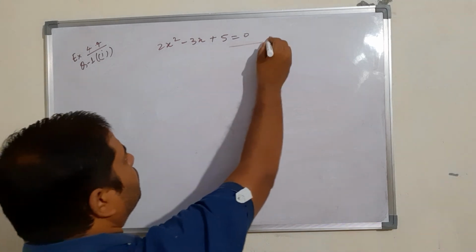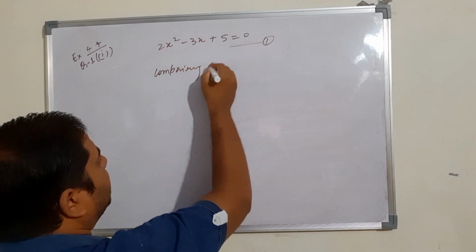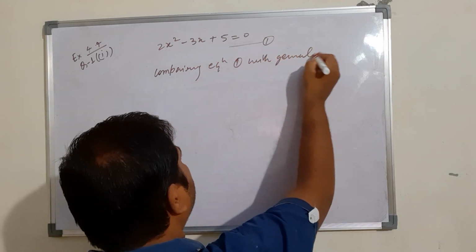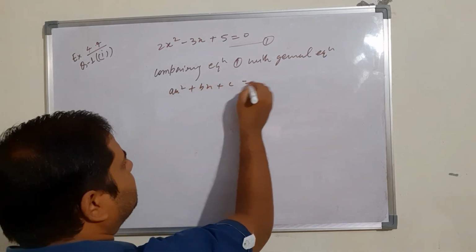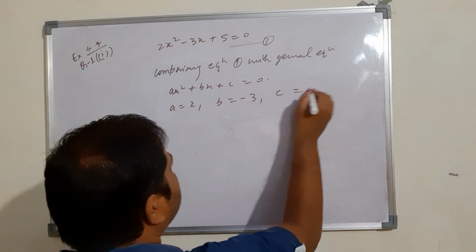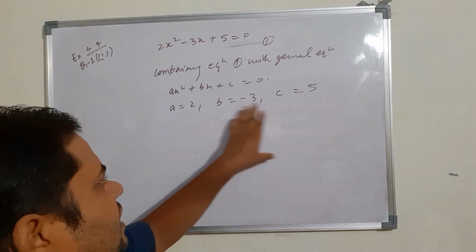So comparing equation 1 with the general equation ax square plus bx plus c is equal to 0, a is equal to 2, b is equal to minus 3 and c is equal to 5.